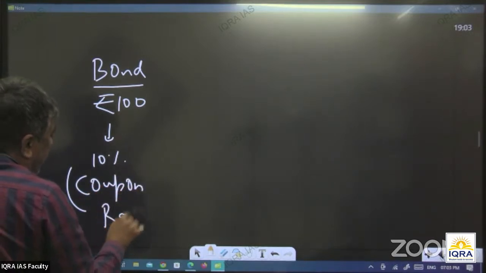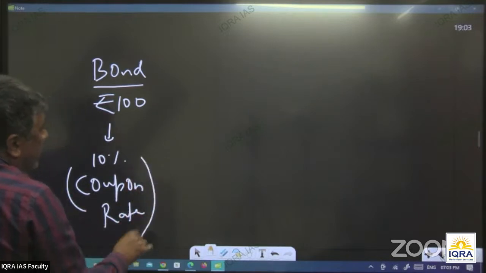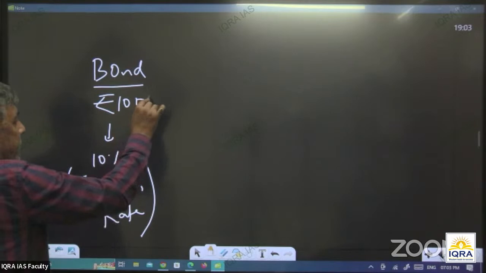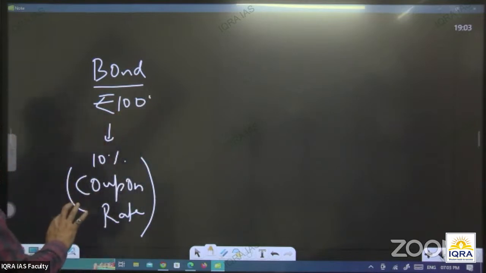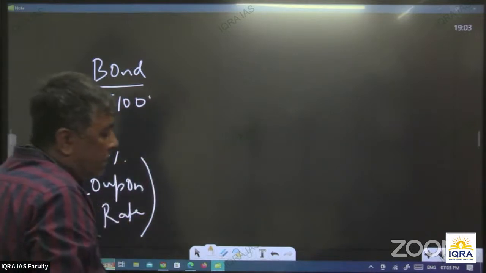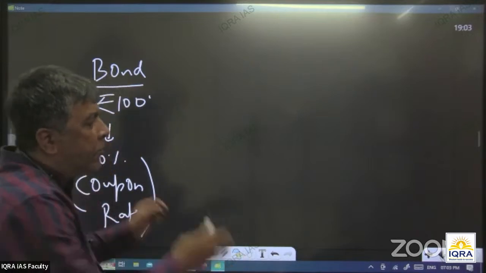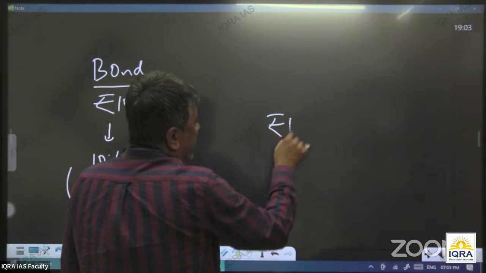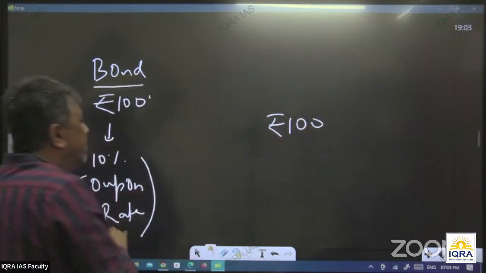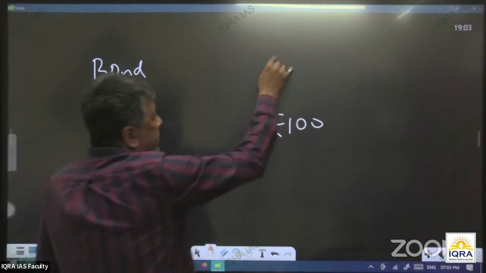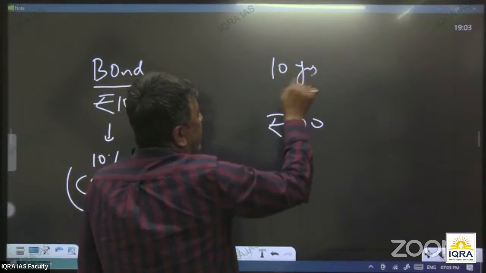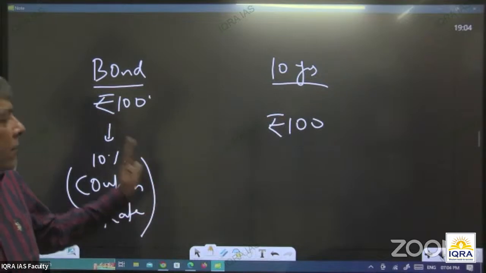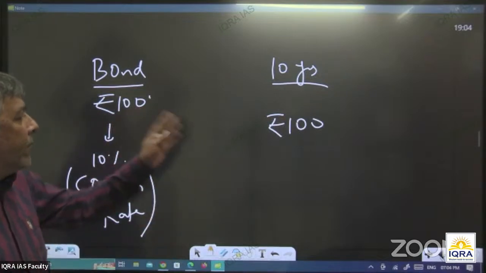It means the government, the issuer of the bond, will provide interest at 10% on this value all the time, irrespective of the market price of the bond. Suppose you bought this bond at a price of ₹100, and the maturity period is 10 years. So your money is safe, and after 10 years you will get the principal amount from the government.